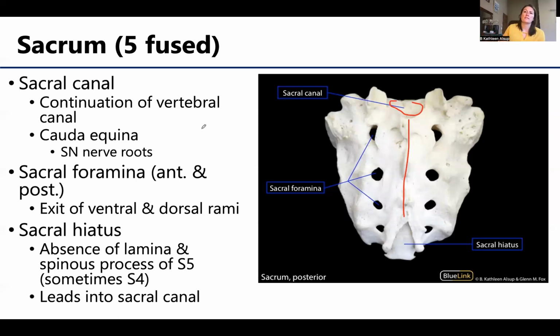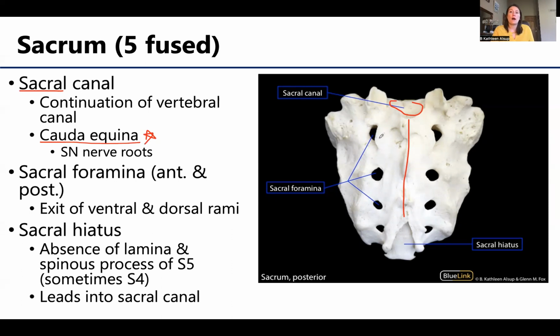But at the end of the spinal cord, you'll have the roots that form the more inferior portions of the spinal nerves that will extend within the canal, and specifically the sacral canal. And these nerve roots are referred to as the cauda equina. So more to come here, but that is what's traversing the sacral canal.